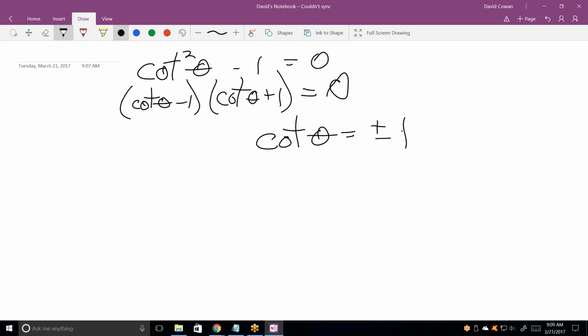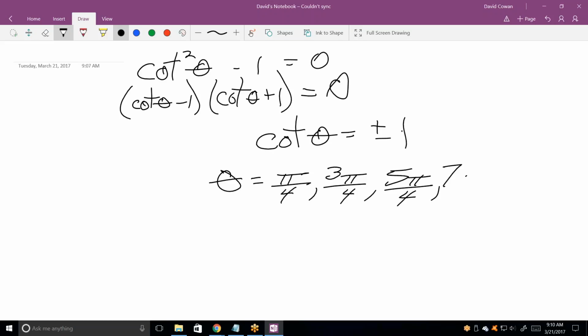So now what is theta? Theta is all of the pi's over 4s? Okay. So that'd be pi over 4, 3 pi over 4, 5 pi over 4, and 7 pi over 4?